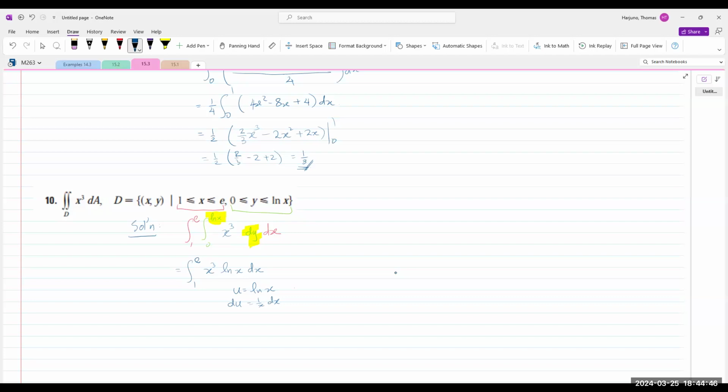Is that what I want to do? Well, okay, so u at 1 is 0, u at e is 1. So what is x cubed then? dx equals x du, but x is e to the u.